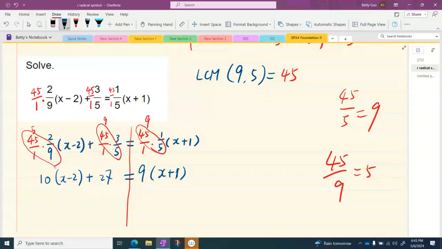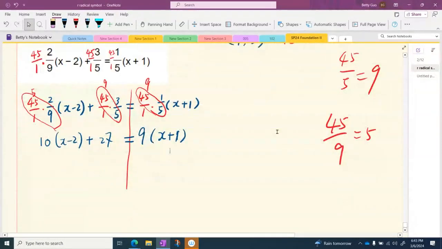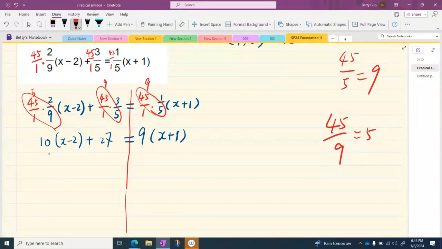Right? And this step is to eliminate the denominators from the equation. After we eliminate the denominators, the equation becomes a lot simpler. We still have to remove parentheses, those grouping symbols.